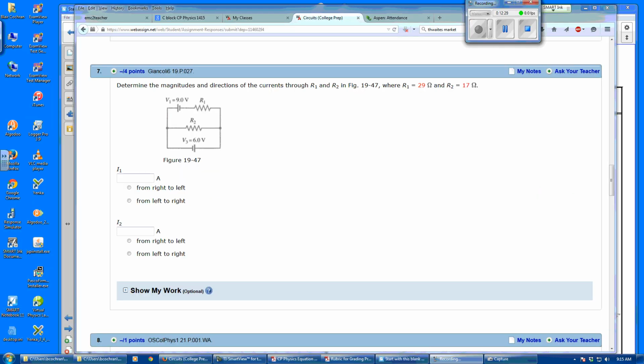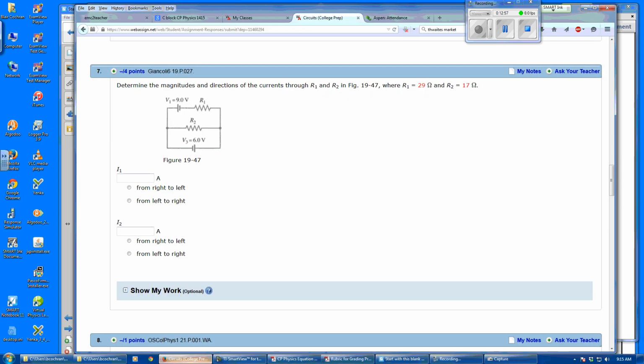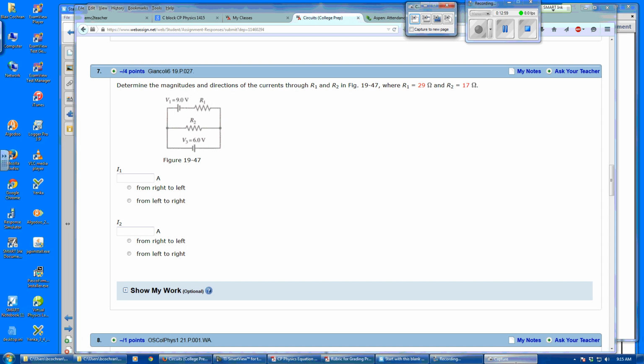All right, so number 7 we're gonna do. And number 7 would be a full-blown circuit diagram, plot, currents, everything. And you should make sure you refer to the rubric here about the 5 parts that should be in your work for problems involving circuits with diagrams. So that will be key to not losing points meaninglessly.